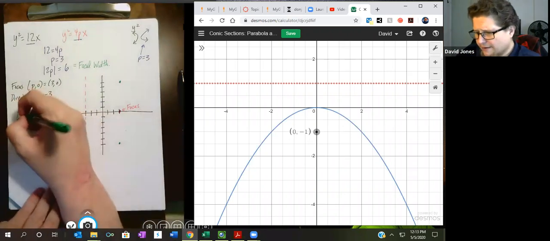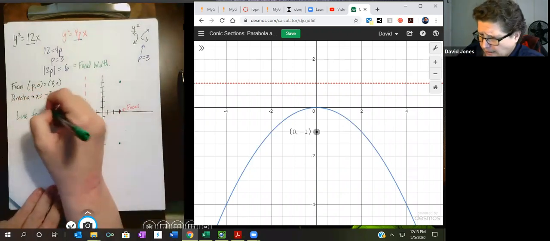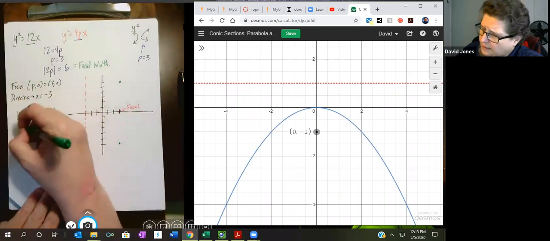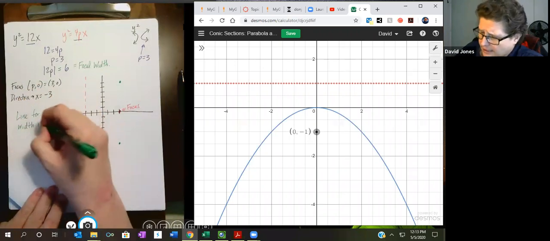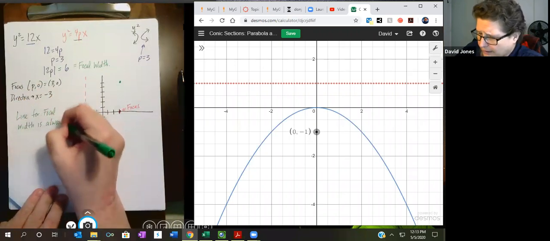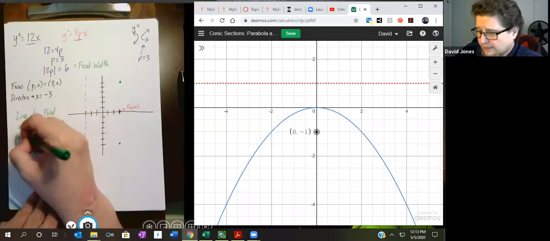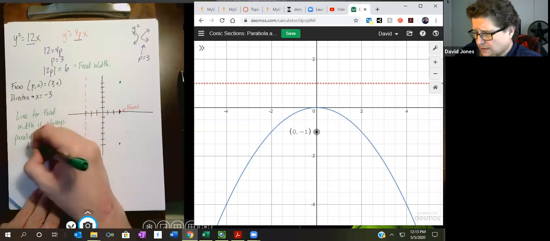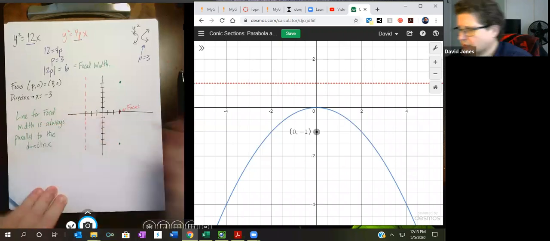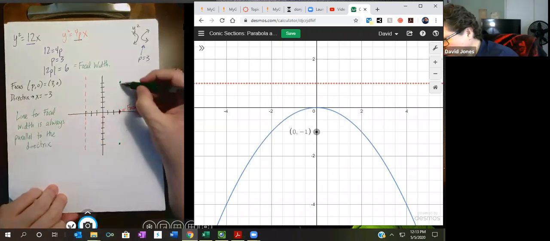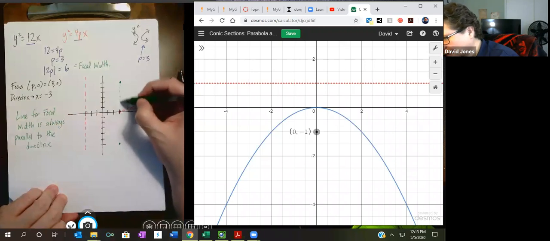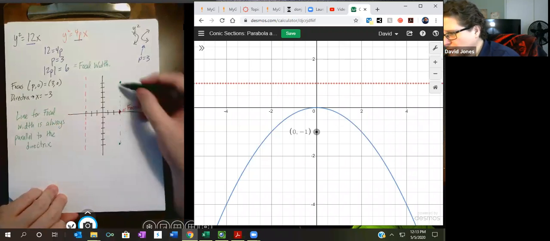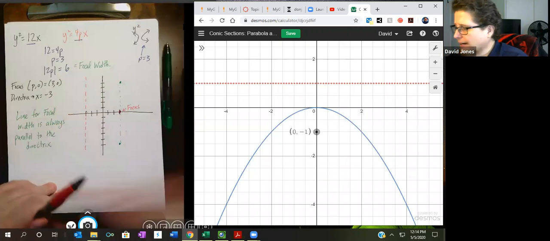The line for focal width is always parallel to the directrix. So I could make a parallel line to the directrix. This shows me my focal width is going that way.